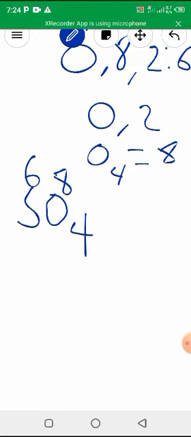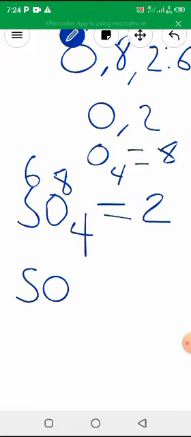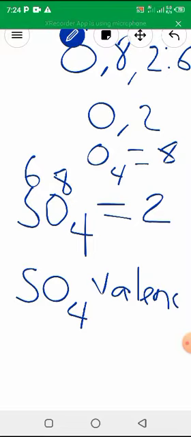Then the difference, just get 8 minus 6 or 6 minus 8 without the sign, therefore 8 minus 6 is equal to 2. Therefore, a sulfate radical has a valence of 2.